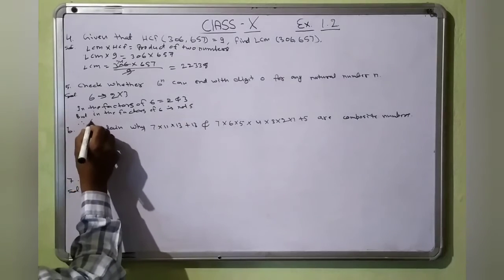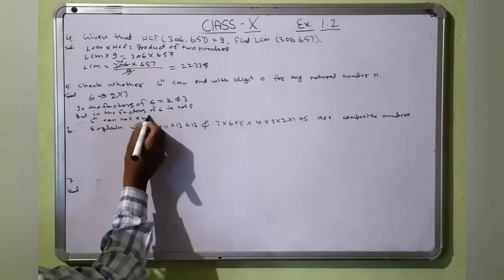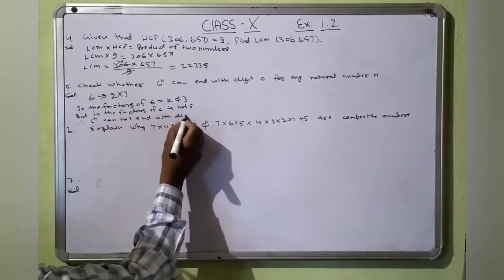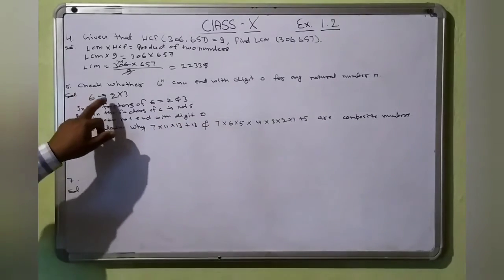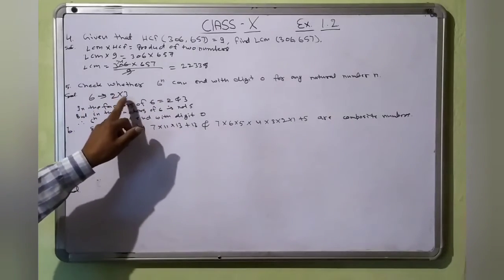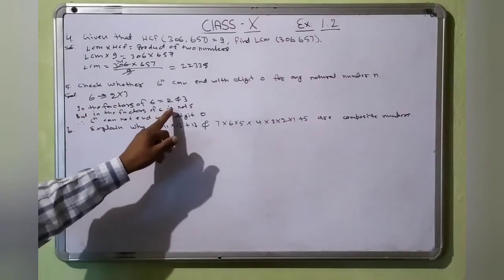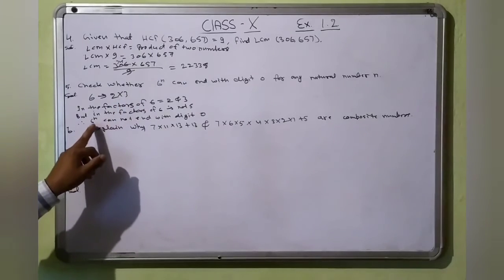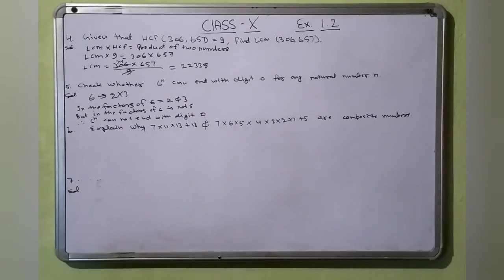So 6 power n cannot end with digit 0. See again, the factors of 6 are 2 multiplied by 3, and 5 is not here. So 6 power n cannot end with digit 0.